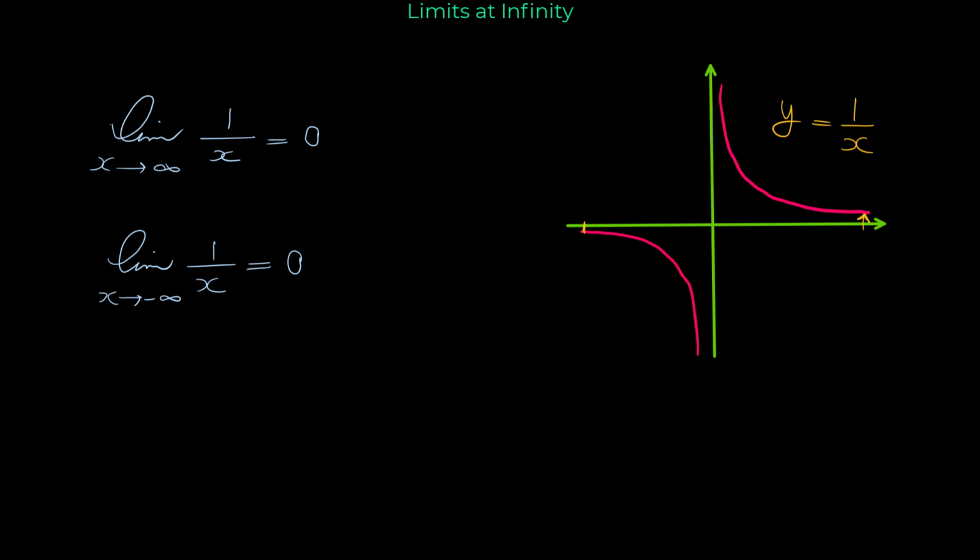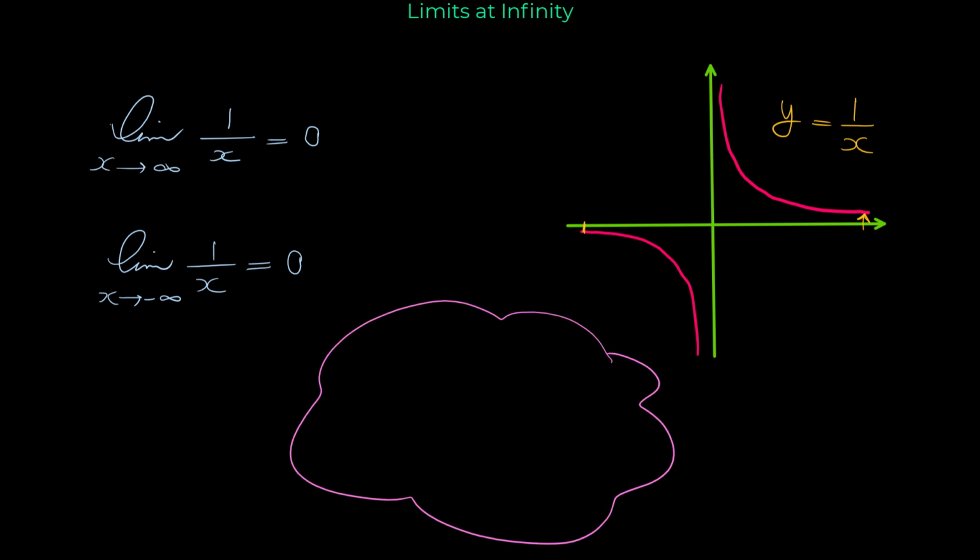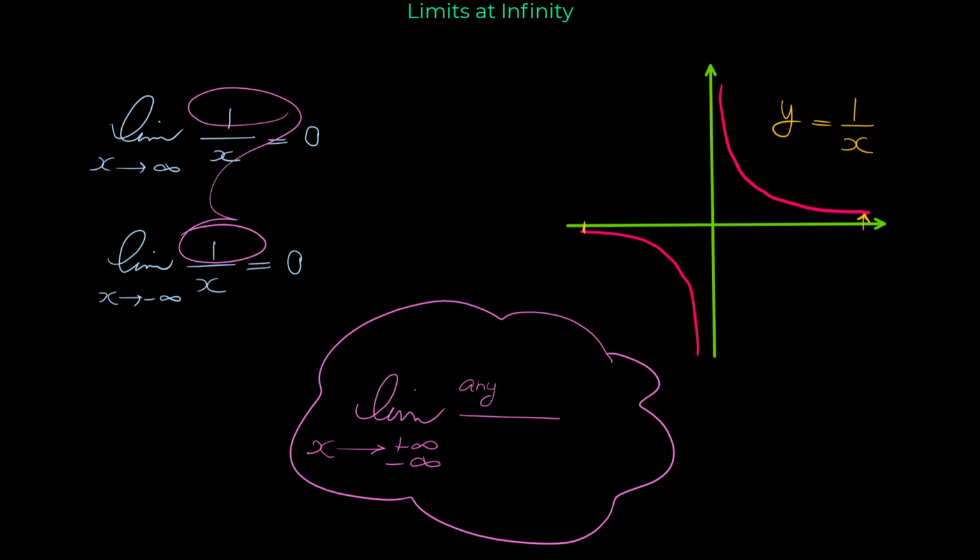So let me write down this general rule or law for ourselves, and it helps a lot for finding these types of limits. Keep this in your head. When x approaches positive infinity or negative infinity, it doesn't matter which one, the limit of any number, so here it can be not only 1 like here or here, the limit of any number over x to the power of n.